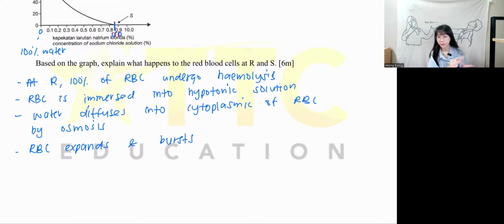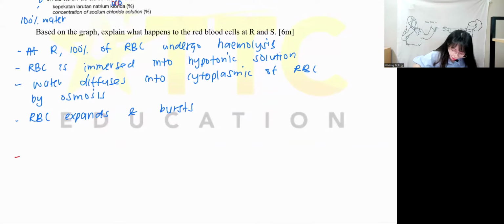Cytoplasmic means cytoplasm. If it's isotonic, what are the words that I can use to explain the water molecules diffuse in and out at the same rate? It's no net movement of water, guys. The answer is no net movement. It has to be no net movement.